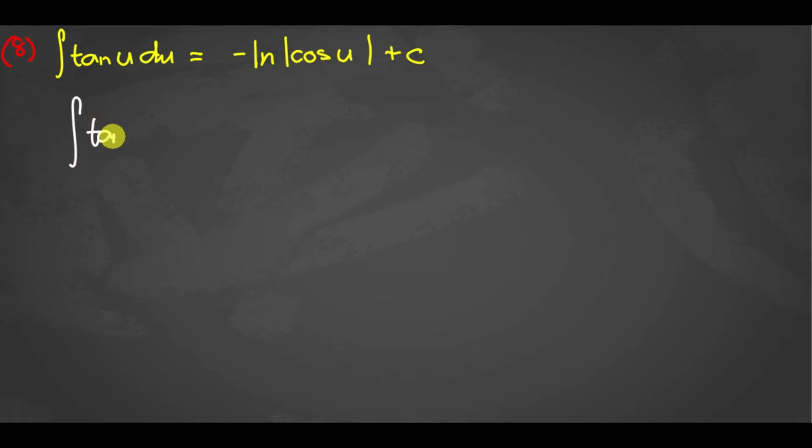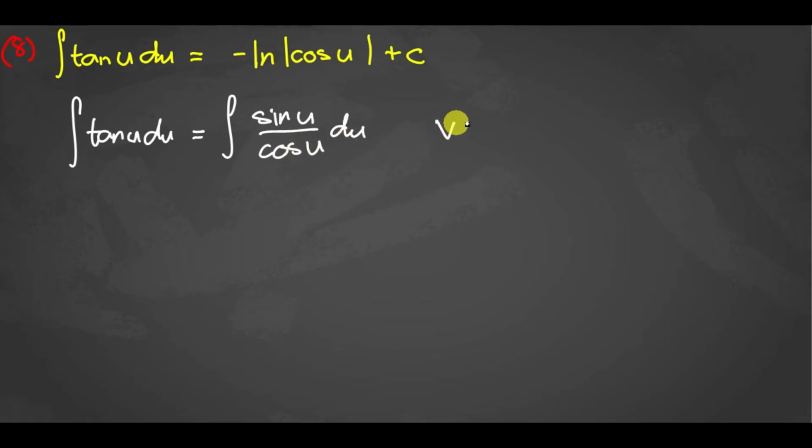Now, in this case, we use the same process as our previous scenario, in which we rewrite the function using the trigonometric identities, so the integral of tan u du is equivalent to the integral of sine u all over cosine u du.